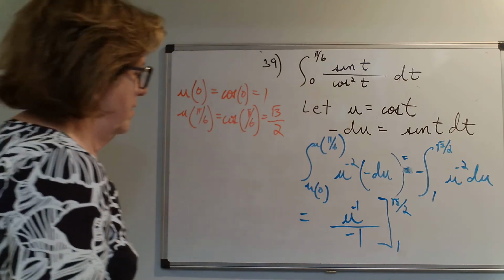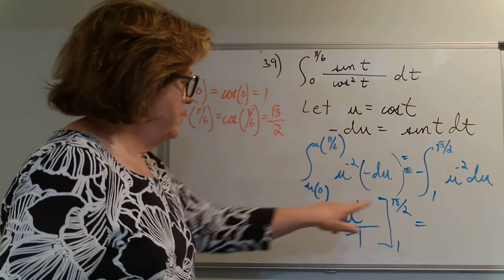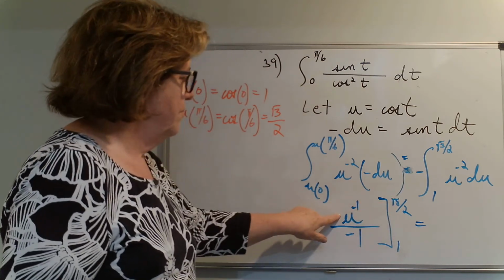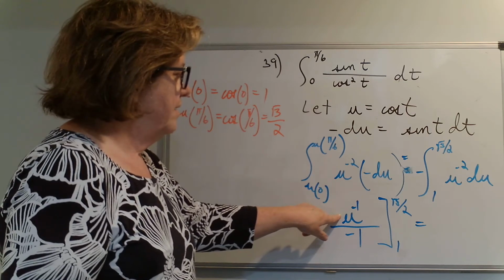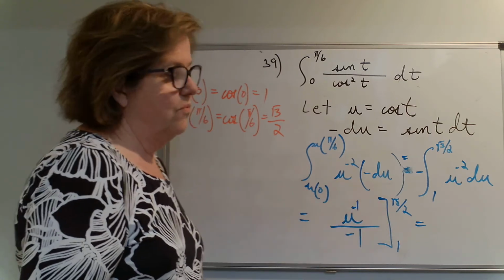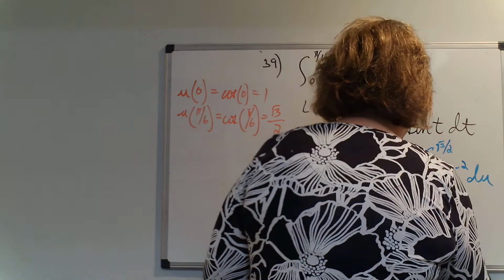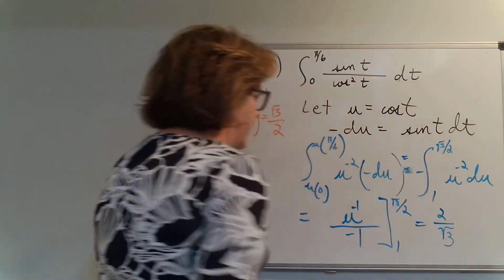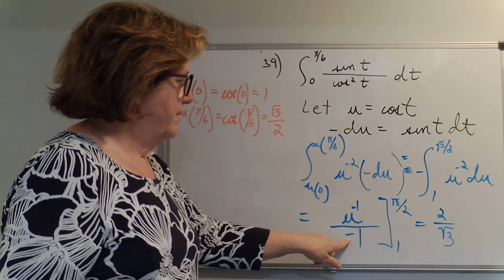So when we substitute this in for u, we're going to get this to the negative 1. When you have a fraction to the negative 1, you flip it. There's a negative here, right?